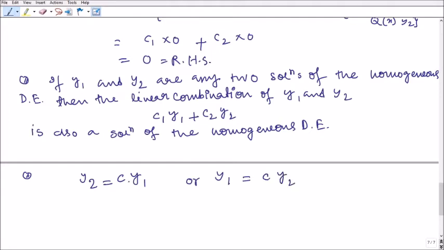So you see that the solution y2 is written as a constant multiple of the solution y1, or y1 is written as a constant multiple of the solution y2. Then these two solutions y1 and y2 are said to be linearly dependent.